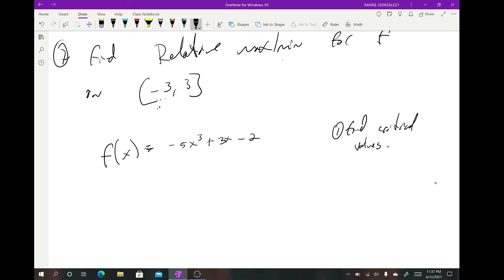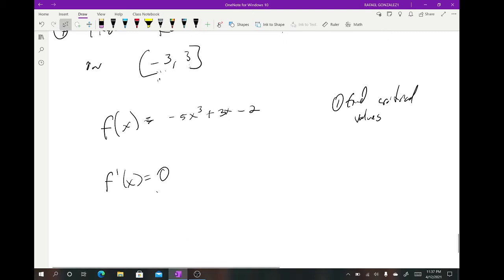Now, notice that I'm not using the word points. Finding the critical values means the following. I find what values on this interval will make the derivative equal to 0. If there are any critical values on this interval, then this is definitely going to give it to me.